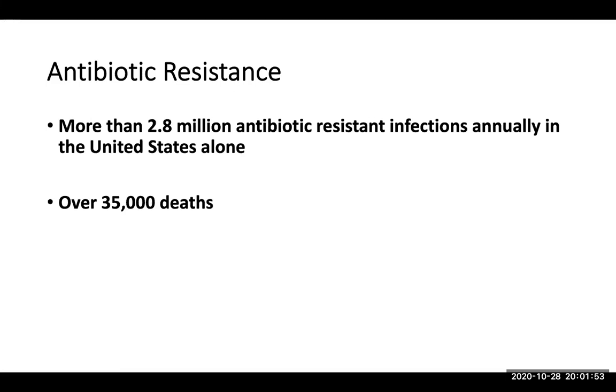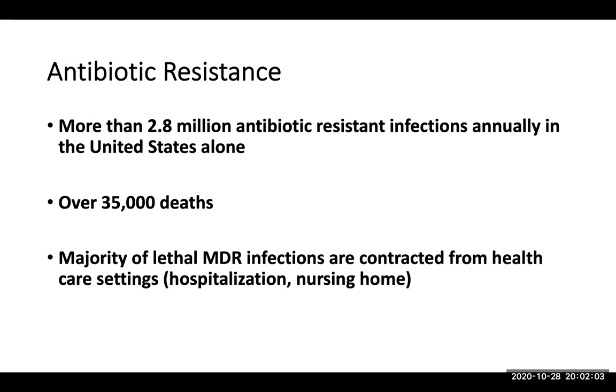From the 2.8 million infections that are resistant, we've had at least 35,000 deaths. And again, this is only in the United States. So we are seeing more and more strains of bacteria that are resistant to not just one, but multiple categories of antibiotics.